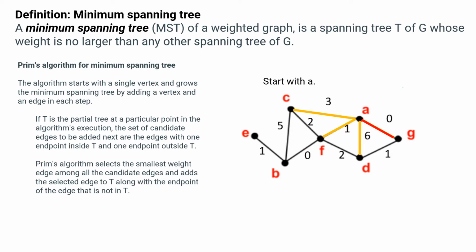Now that I've added a vertex, I want to see if there's any more candidate edges for me to add in the next step. Notice I haven't gotten rid of those other candidate edges, because for my next step I could still choose any of those.